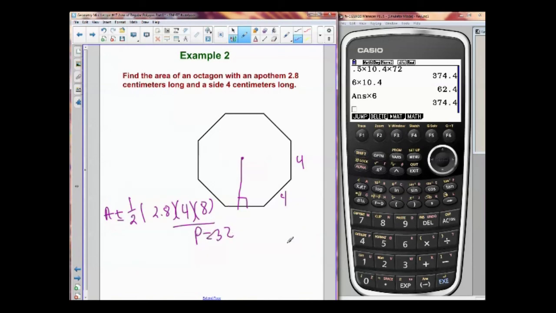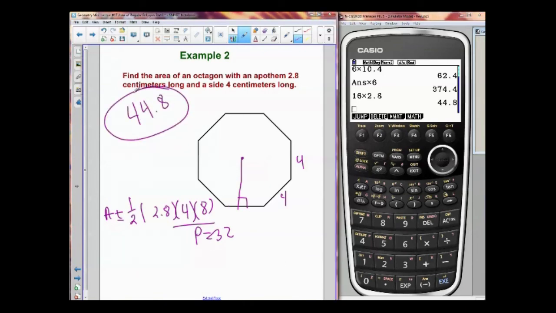Okay? That's a very common mistake. You got to think, okay, I'm finding the area of one triangle, and I got to multiply the total by 8. So we're going to have 16 times 2.8. 16 times 2.8 is 44.8 for my area of this right here. So it's 44.8.